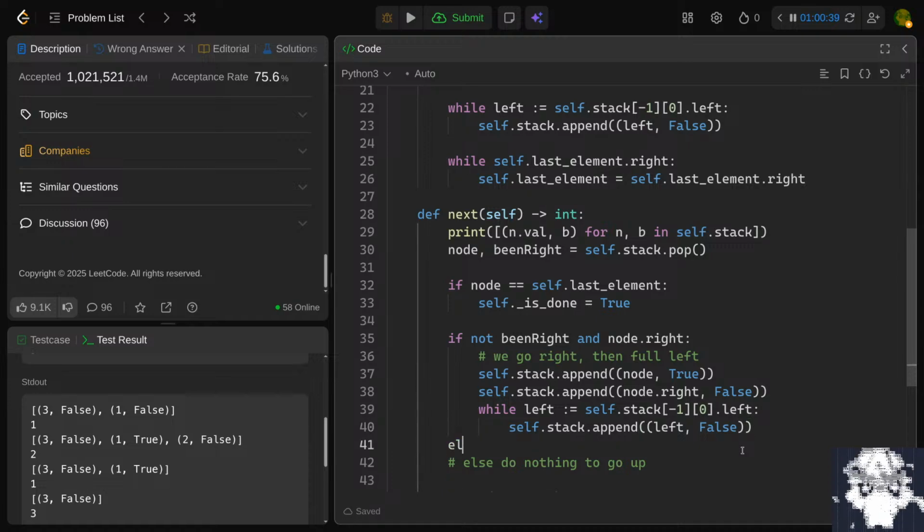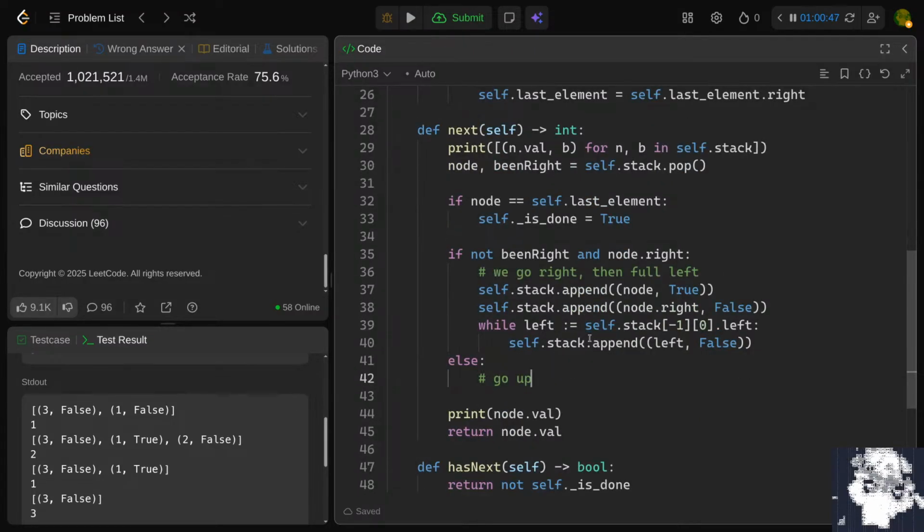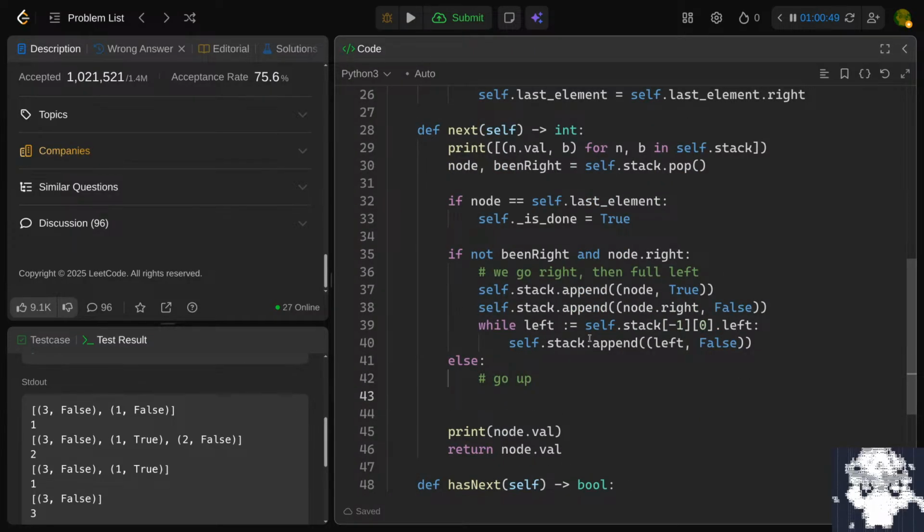So this is the else. Go up. That means pop off the stack. Pop off until we have not been right.